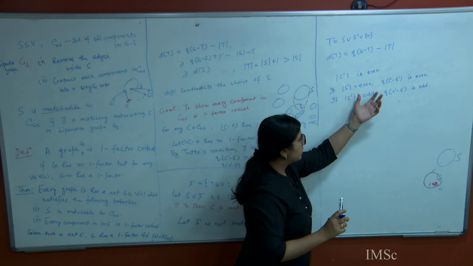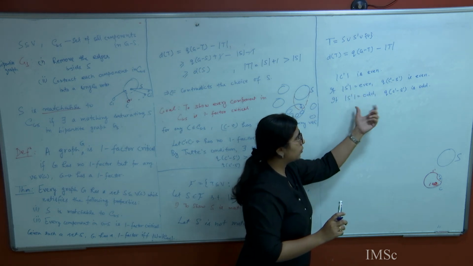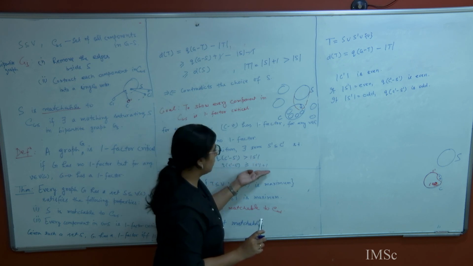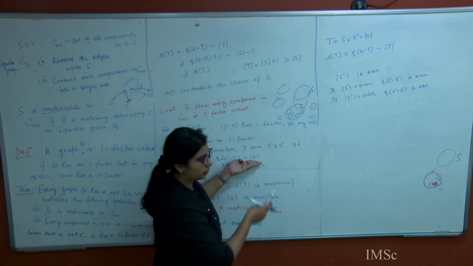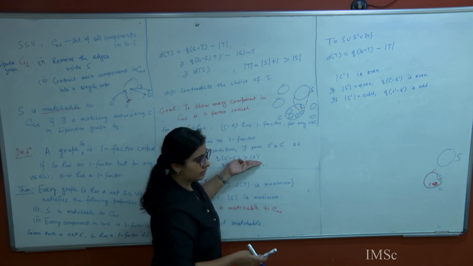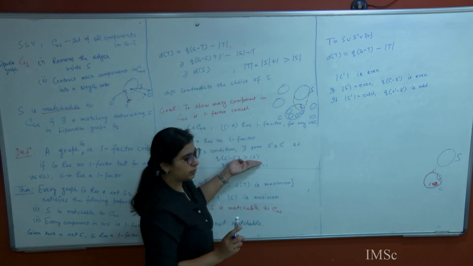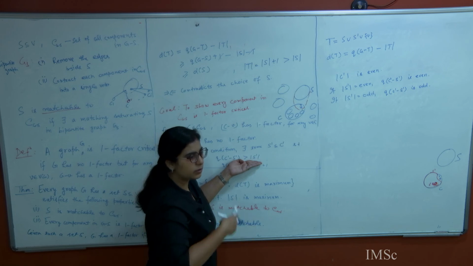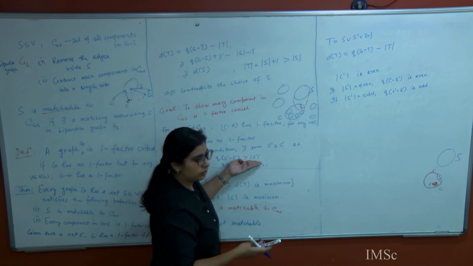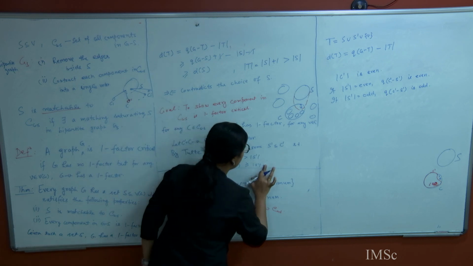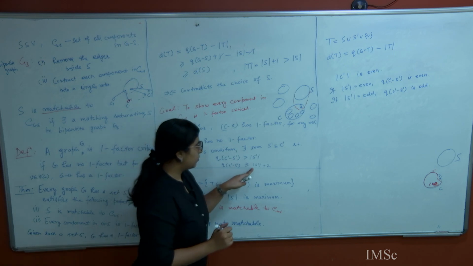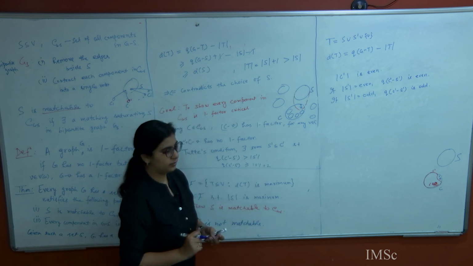So, if both are even or both are odd and we have strict inequality, then if we want to write it as equality, what could be the difference between these two numbers? This difference cannot be 1, right? This difference will be at least 2. So, that is why it will be at least cardinality of S prime plus 2.